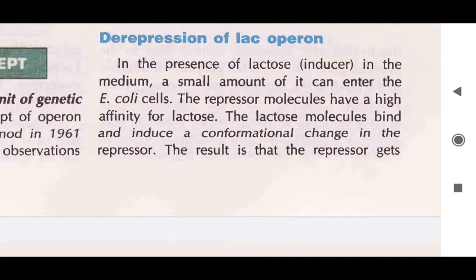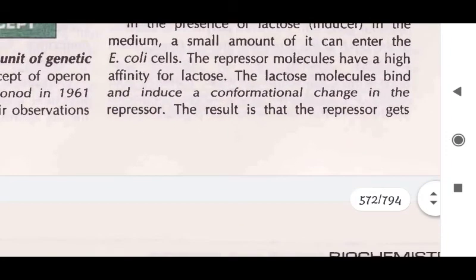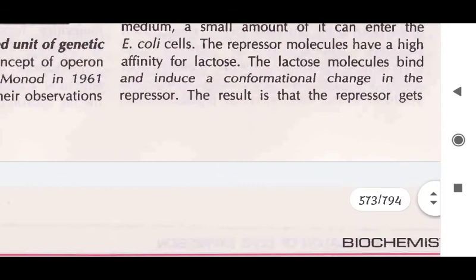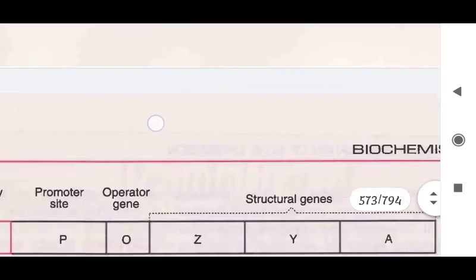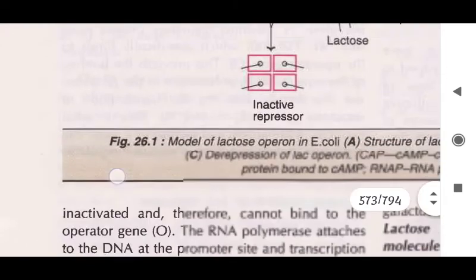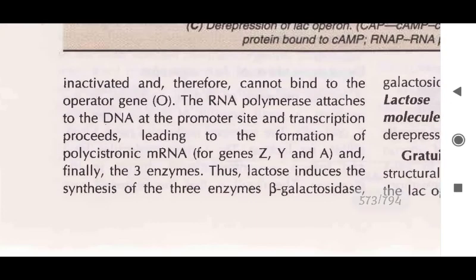So the lactose molecule binds to the subunits of the tetramer repressor, and causes a conformational change in the structure of the repressor. The result is that the repressor gets what? Inactivated, and therefore it cannot bind to the operator gene.